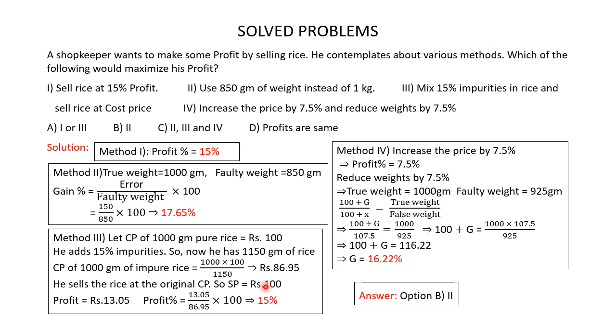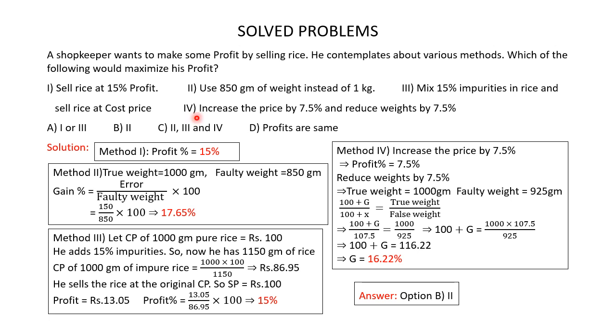So the selling price is rupees 100, cost price is rupees 86.95 of 1000 grams of impure rice. Now clearly you can see that the shopkeeper is making a profit here because the selling price is more than the cost price, and the profit is 100 minus 86.95, which is rupees 13.05. So profit percent is equal to 13.05 / 86.95 × 100, which is nothing but 15%. So the profit percent in method 3 is 15%.